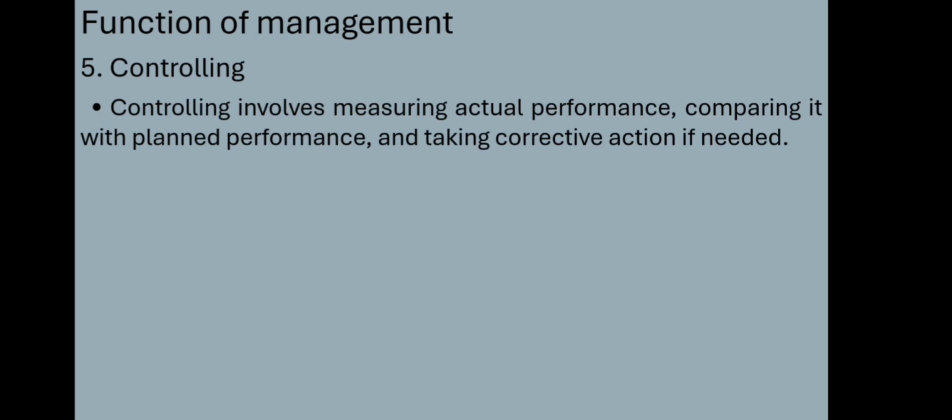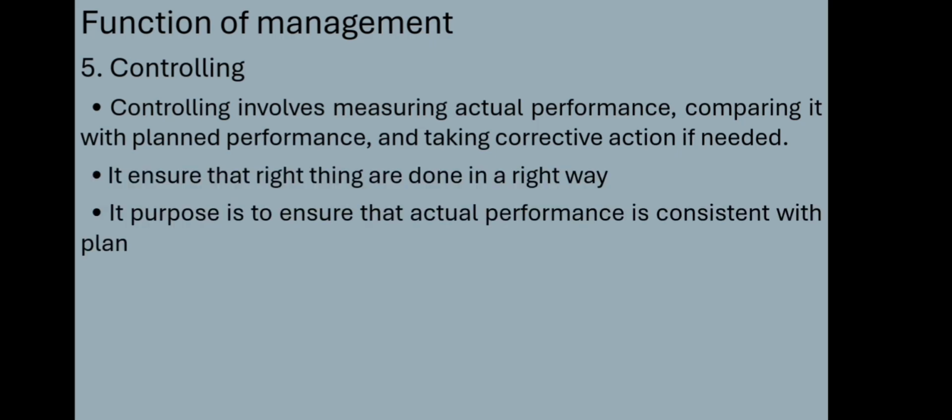Controlling involves measuring actual performance, comparing it with planned performance, and taking corrective actions if needed. It ensures that the right things are done in the right way. Its purpose is to ensure that actual performance is consistent with the plan.